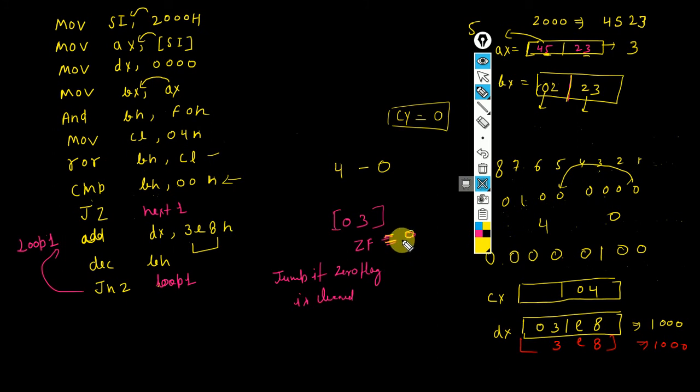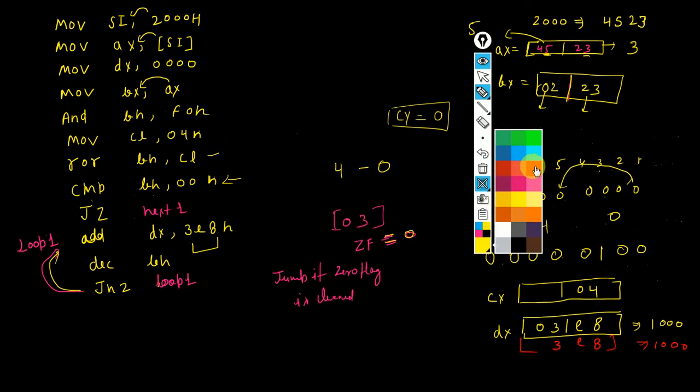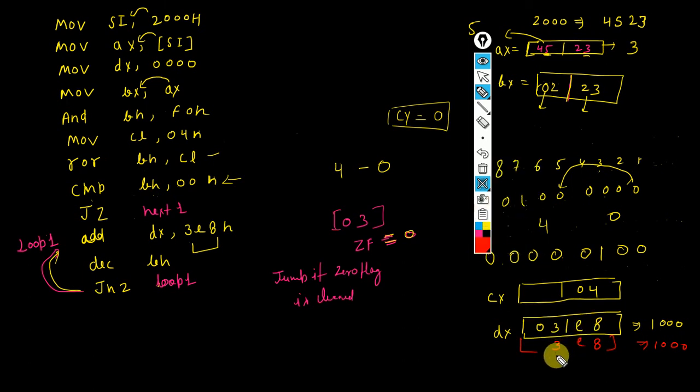So move to this instruction, again add 3E8 in the DX register, and again decrease the BH register.